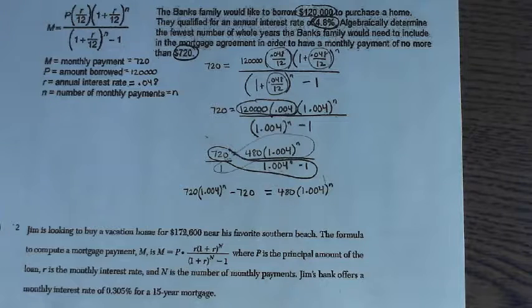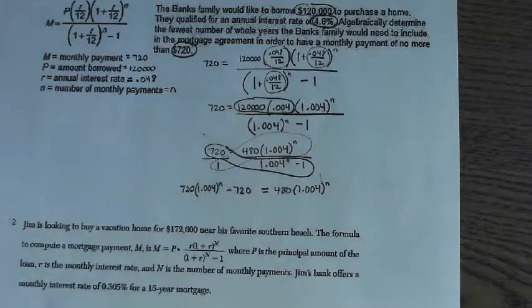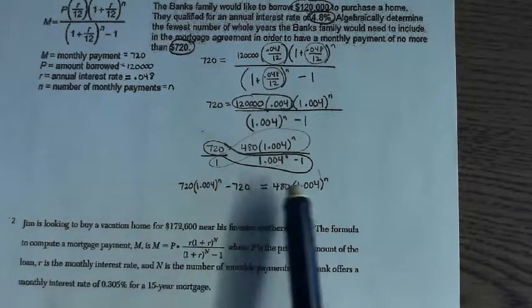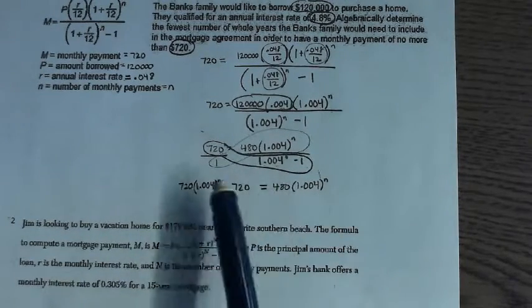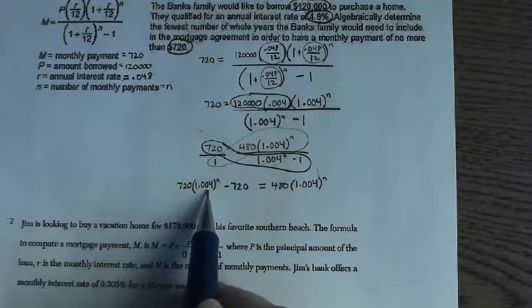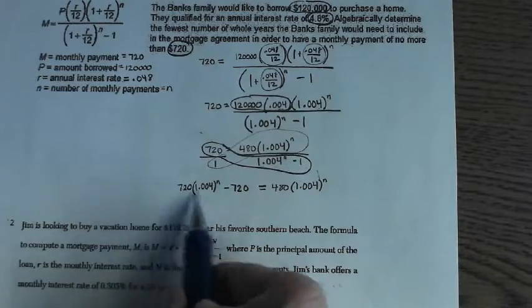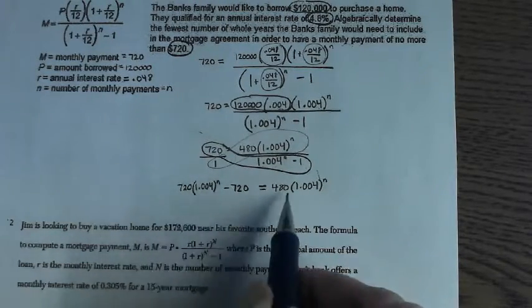So still I've got these 1.004s to the nth power in two different locations. If those bases were different, I would not be able to do this algebraically. I would just type it into my calculator. Left side as one equation, right side as another, see where they cross. But because they are the same base to the power, I can kind of combine like terms. I have 720 of them on the left and 480 of them on the right. I can subtract these 720 of them over to the right.